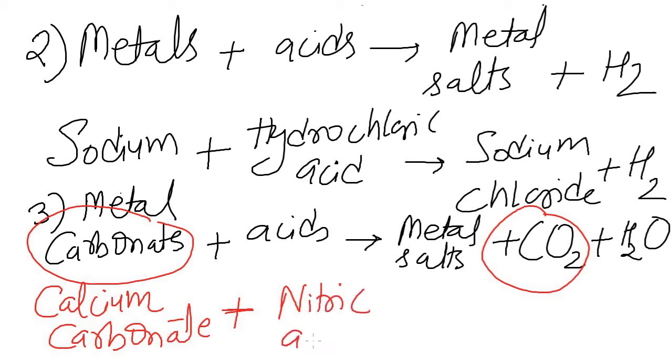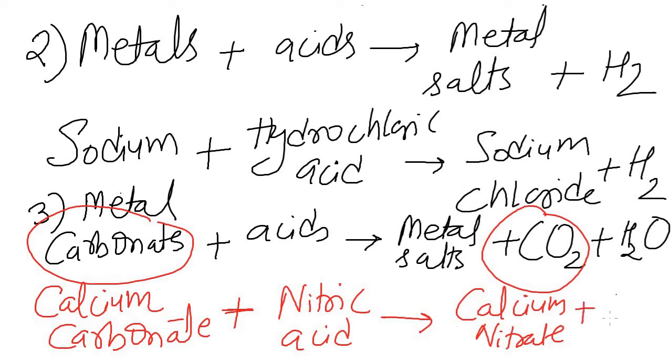So nitric acid, it will give you what? Calcium nitrate plus carbon dioxide plus water. Right, and make sure you remember one more thing, when you're writing the names you write all the names, don't write the formulas.